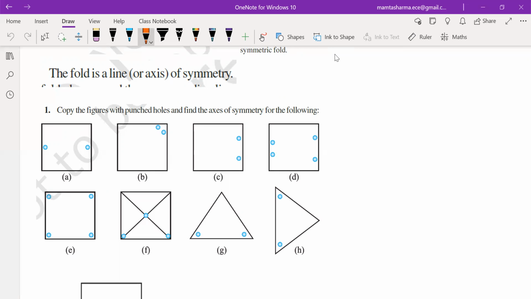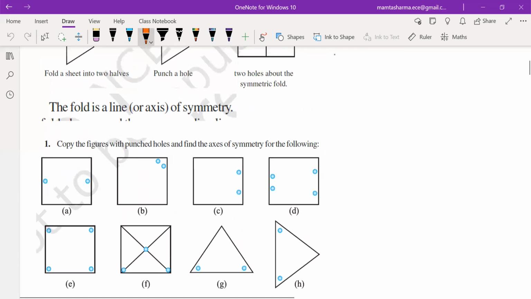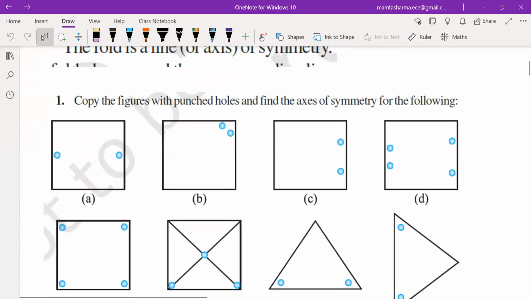Okay. So if the holes, this is a square sheet. Okay. And the holes are on this side. Then how could it be possible? How did you fold it? You fold it along this axis, vertical axis or horizontal axis?